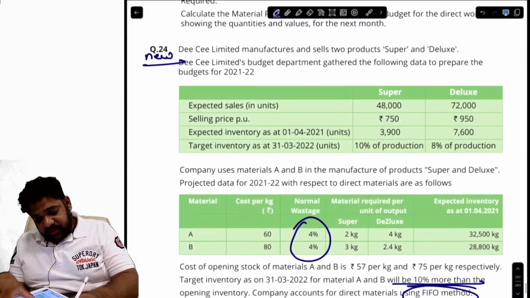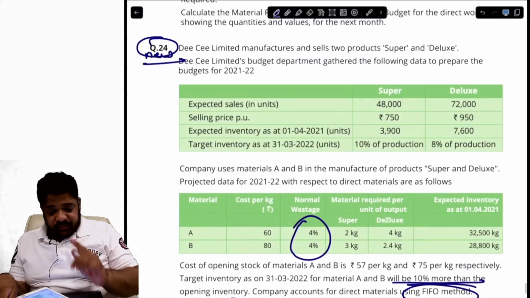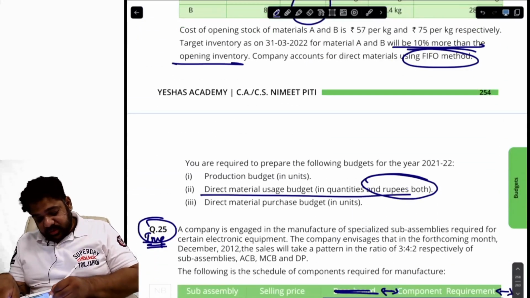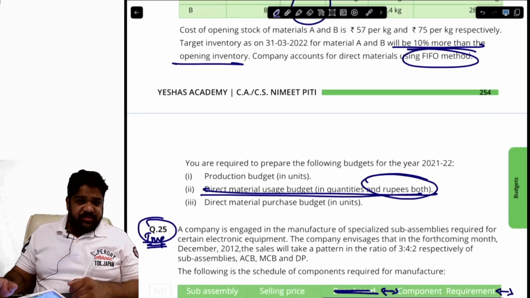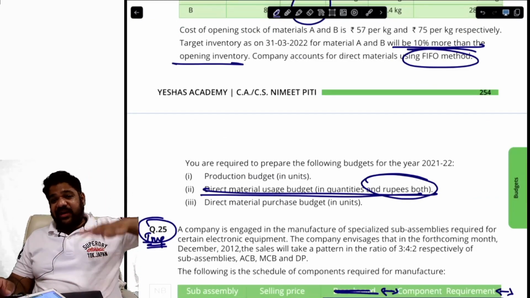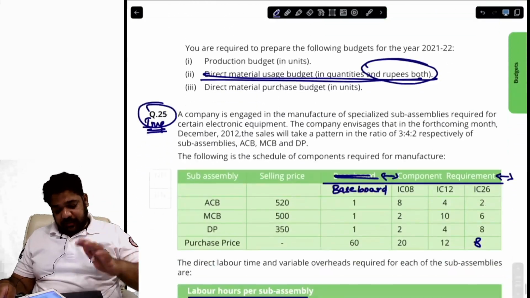Oh, in fact, you know what, 24 as well. Only for one reason, they have asked the usage budget in quantities and rupees both. Usage budget is your consumption budget. So all of the latter portion of the functional budgets are important.